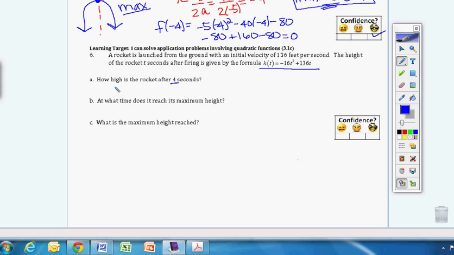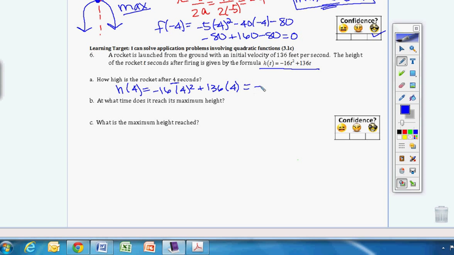So I have h of 4, and that's going to equal -16 times 4 squared plus 136 times 4. Yes, I'm doing this on my calculator.